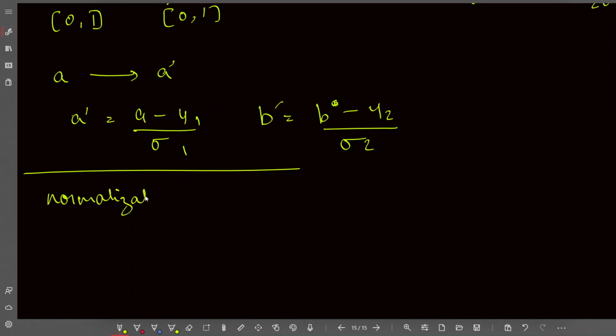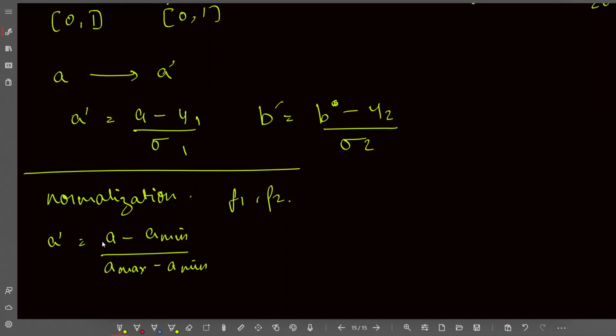What normalization does is, a dash will be given by a minus a min upon a max minus a min, where a min and a max are the minimum and maximum values of the feature, and a is the particular point in feature 1 or feature 2. So this gives you a value between 0 and 1.